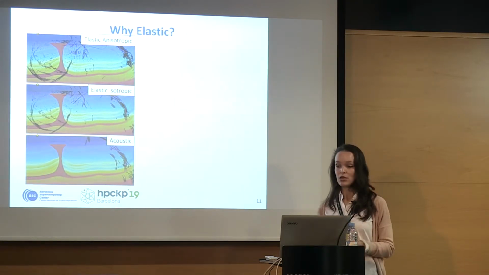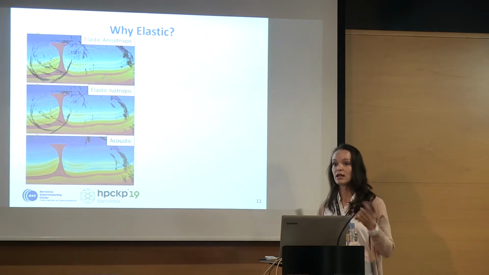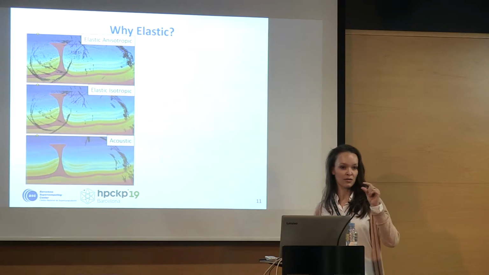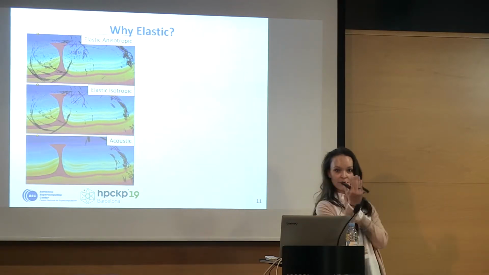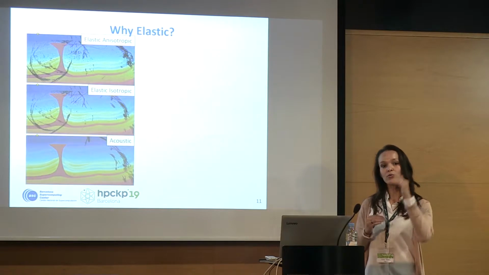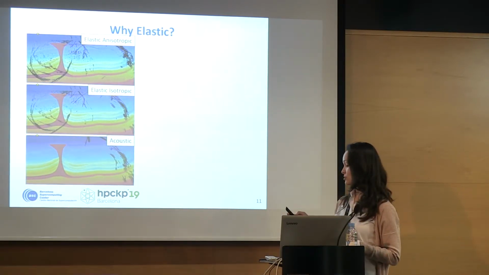You can imagine elastic simulations like when you're pressing an eraser gum. When you do this, the eraser goes in this direction, in that direction, and also in this direction. So you need to see how compressible the wave is. That's why we use elastic simulations.